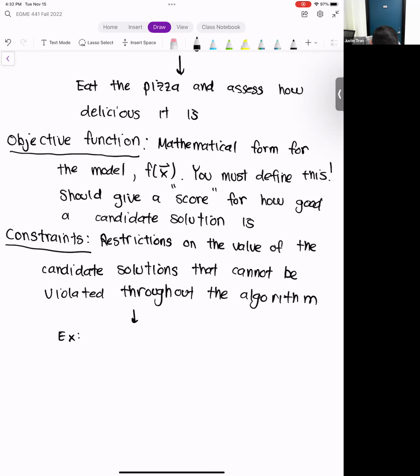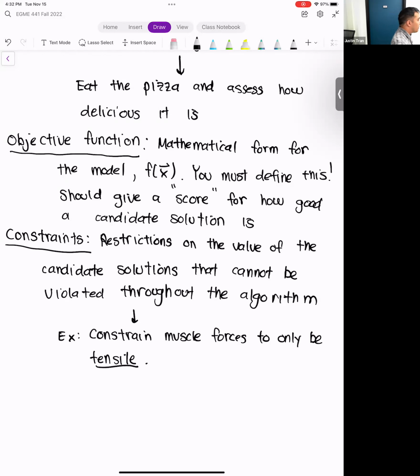Because if you don't constrain this and you run your optimization algorithm, the optimizer might say that the optimal solution is for your biceps to do a compressive force.